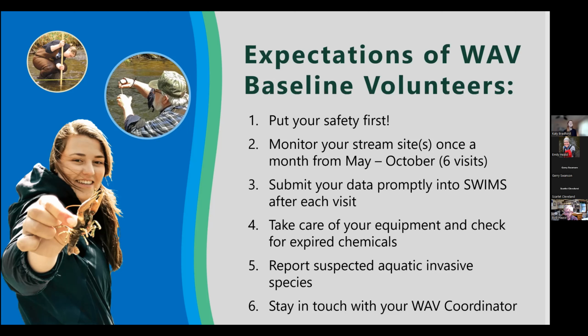How important is it to use the same day each month? You can adjust the date a little bit. For example, if you can't make it one Saturday, you want to do it on a Sunday or a Monday, that's totally fine. Time of day is more critical because temperature and dissolved oxygen fluctuate on a daily cycle.